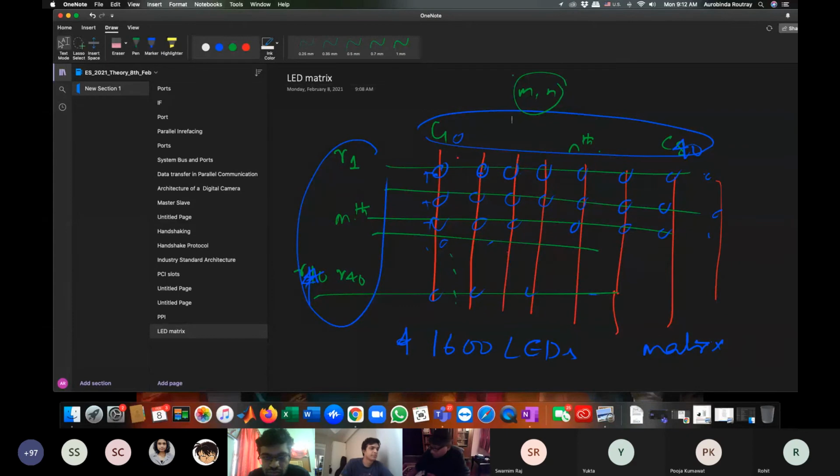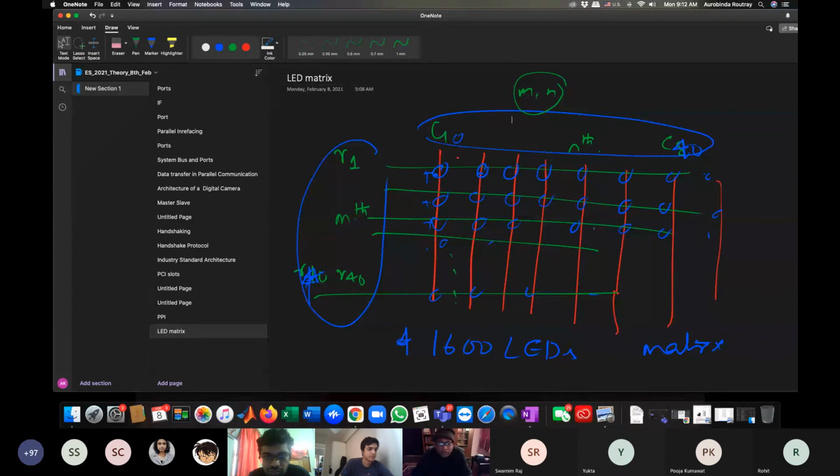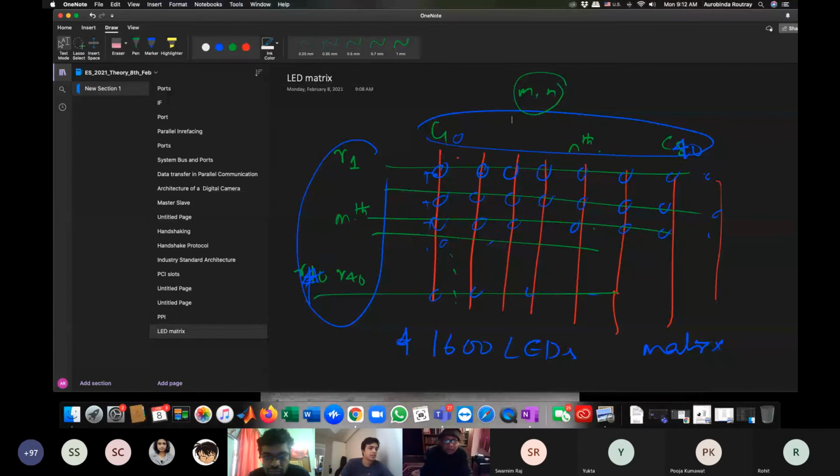Your face means you have to make a certain pattern of LEDs glow. If you just select one LED, it will glow, that's all. What will happen to the next LED? So how do you make it glow?